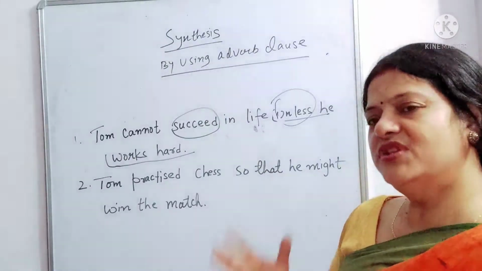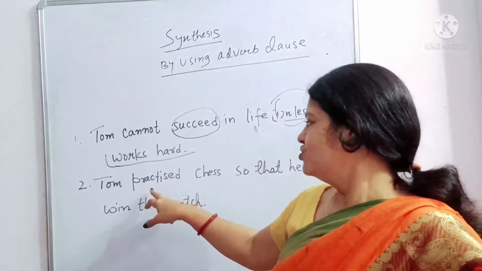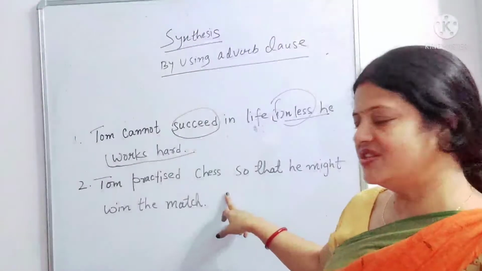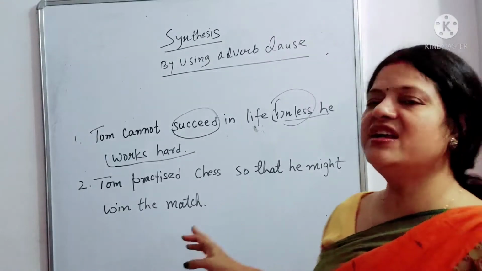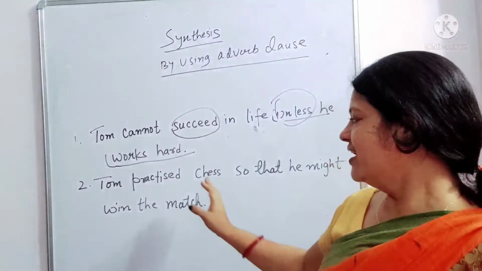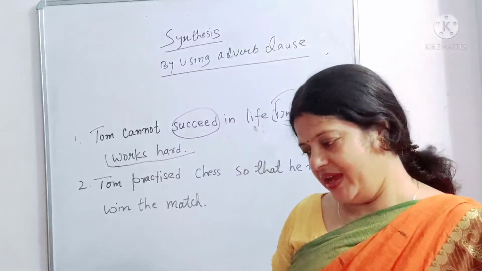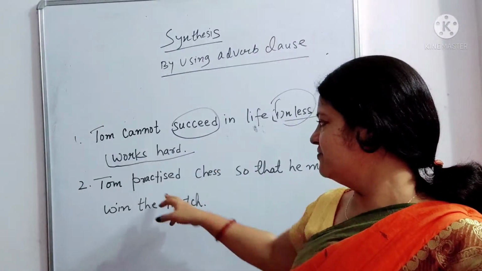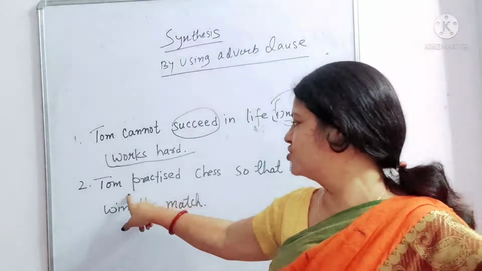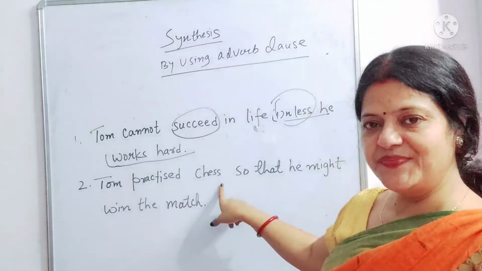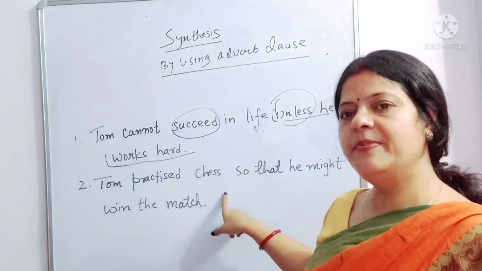Now let's look at the second sentence. Tom practiced chess so that he might win the match. Here again, in this complex sentence we have one principal clause, Tom practiced chess. Till here we have the principal clause.